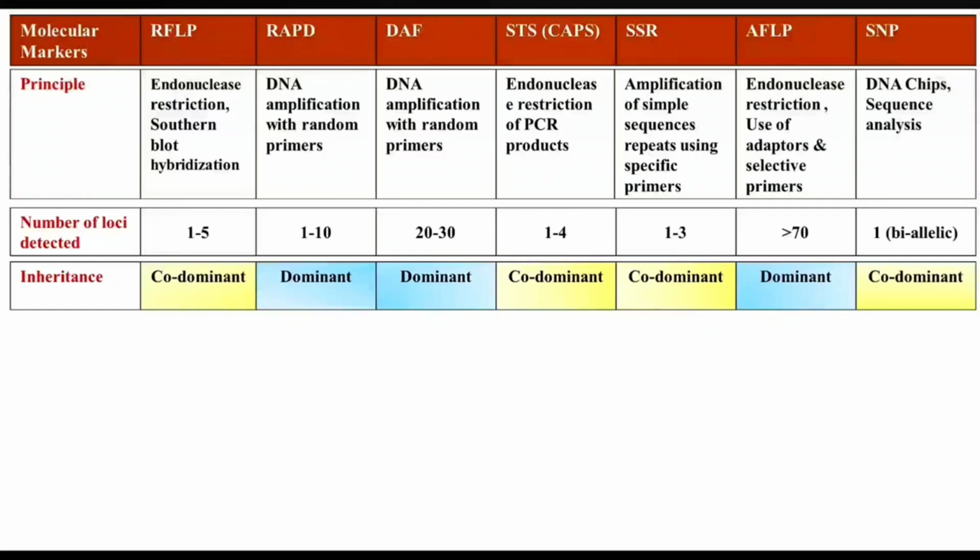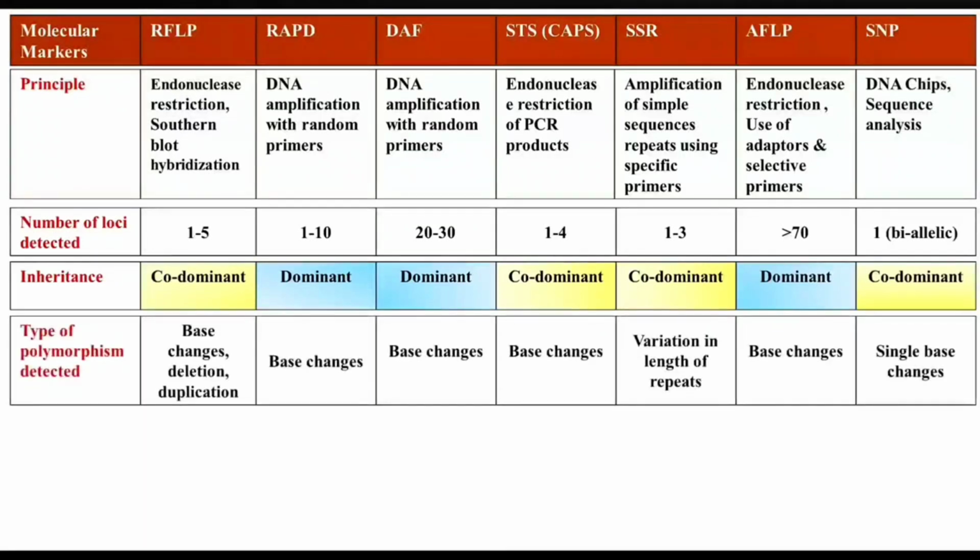You make a separate note on it. What are the dominant markers and what are the codominant markers? Codominant markers are RFLP, STS, CAPS, SSR and SNP. With codominant markers, you can differentiate between the heterozygotes and homozygotes clearly.